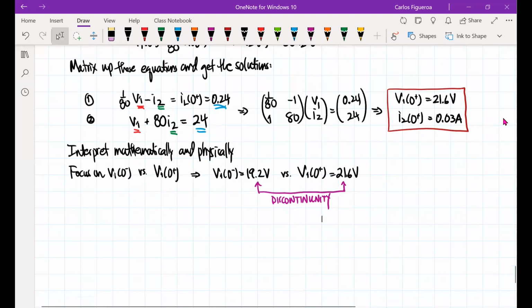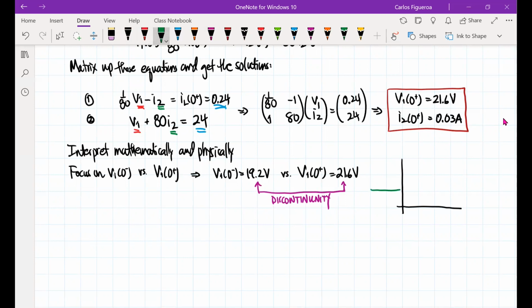So what am I actually seeing here? Let's draw this out. Maybe I have a curve like this, and then I have V1 coming in.